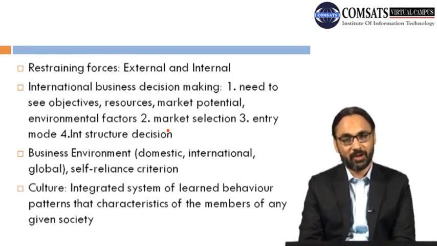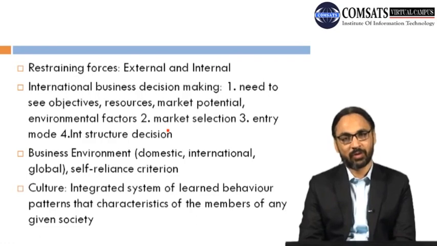Once the company has decided that it intends to go out, the second step is to choose which market to go to. They have to select the market, and in the third step, they have to decide which entry mode to choose: exporting, FDI, within FDI the joint venture, merger and acquisition, or greenfield investment, or licensing, or franchising.